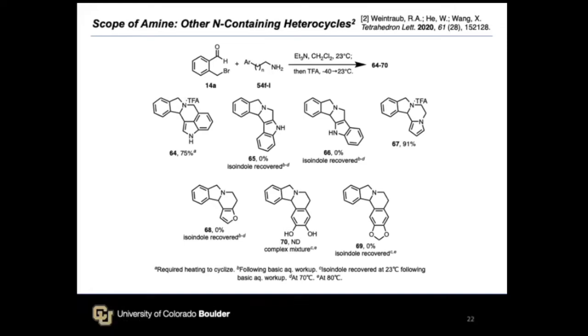So we obtained a high yield for pyrrole cyclization product 67. However, furan cyclization product 68 down here didn't form, and only the isoindole was obtained.